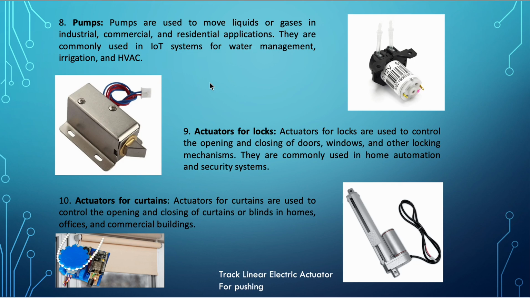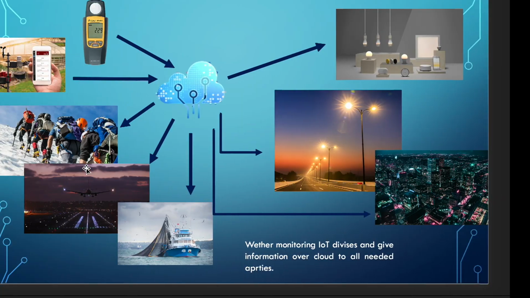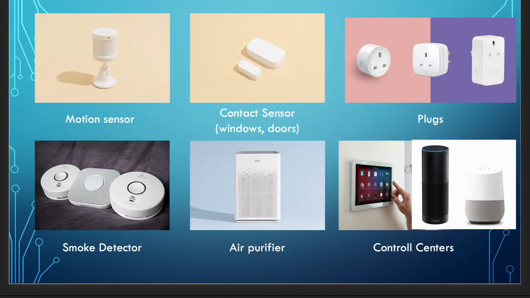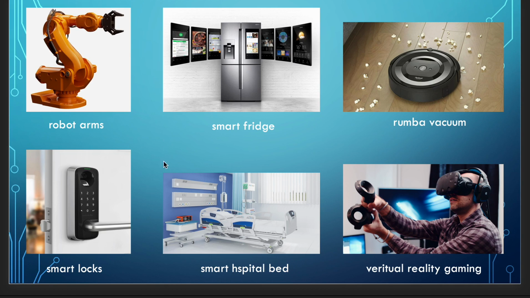Actuators for locks. Actuators for locks are used to control opening and closing of doors, windows, and other locking mechanisms. They are commonly used in home automation and security systems. When we talked about actuators in locks, the first thing that should jump to your mind is the example we talked about, a smart lock.